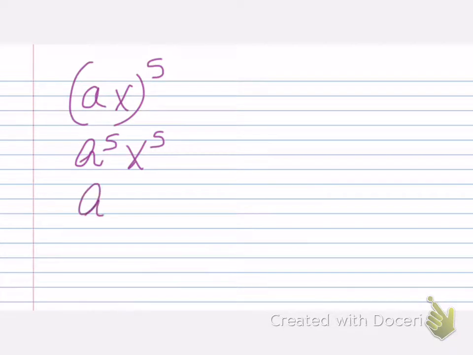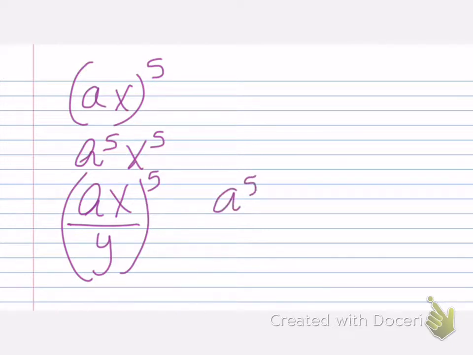If I have a x to the 5th over y, I'm still going to distribute it. It's going to be a to the 5th, x to the 5th, y to the 5th. Okay? And that's how we distribute exponents.